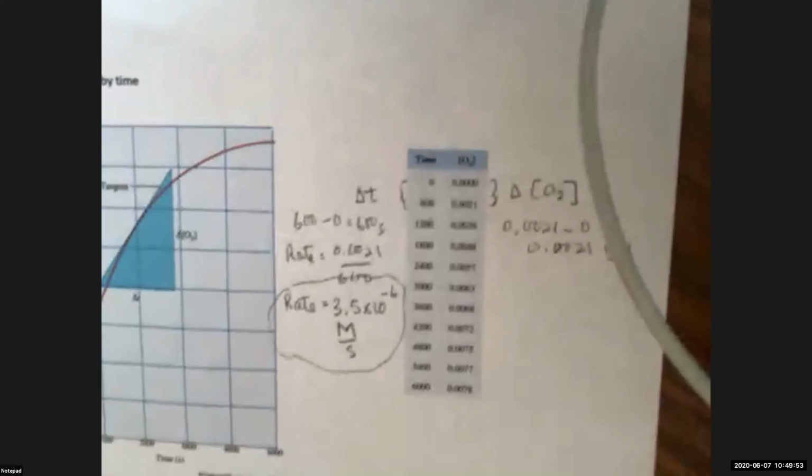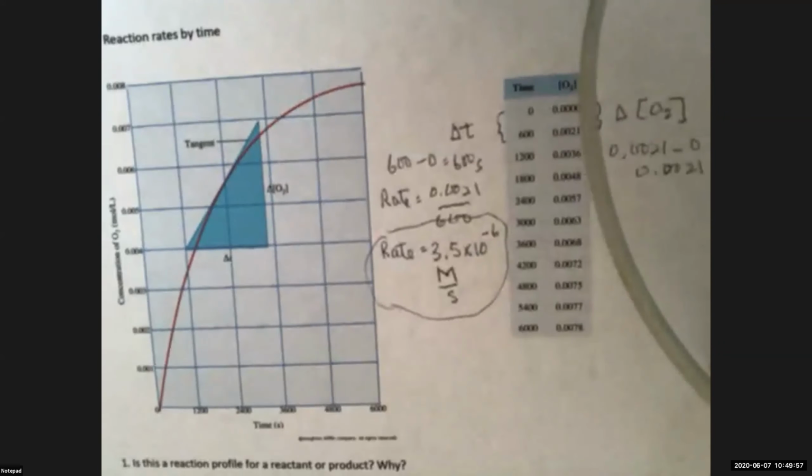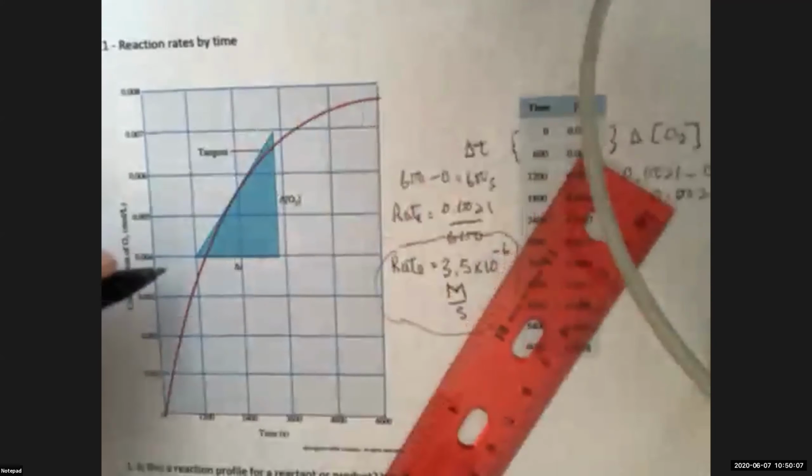That'll be interesting. Second one is calculate the instantaneous rate at 1200 seconds and 4800 seconds. I'll do the 1200 seconds, and I'll let you do the 4800 seconds.